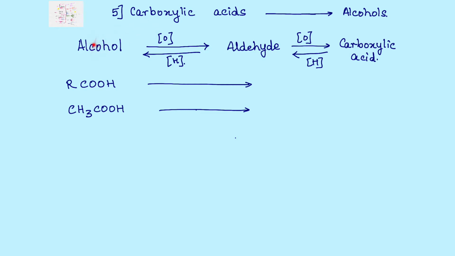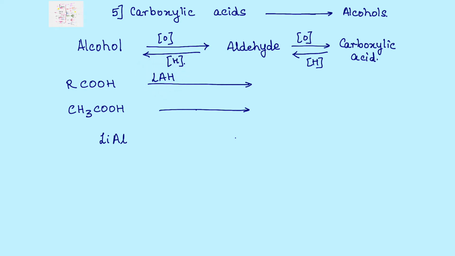My God, it's a big reduction that I will have to carry out the reverse, right? Carboxylic acids to alcohols means I have to reduce in 2 steps. I need a strong reducing agent over here. So that strong reducing agent possible is only lithium aluminium hydride, which in short I have written as LAH.